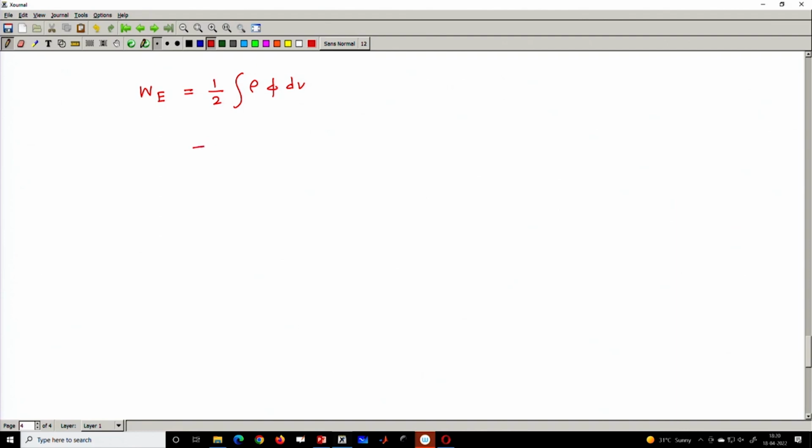The divergence of E is rho by epsilon 0, that we know, and that gives rho in terms of E: rho equals epsilon 0 multiplied by divergence of E. I should plug that into this equation.